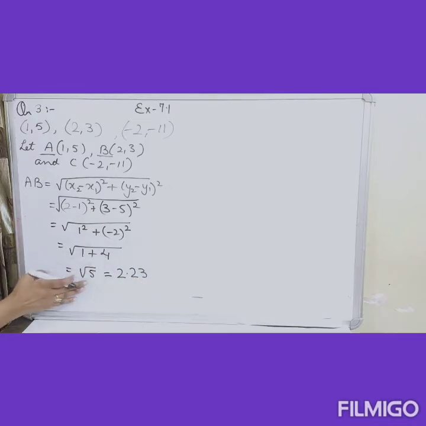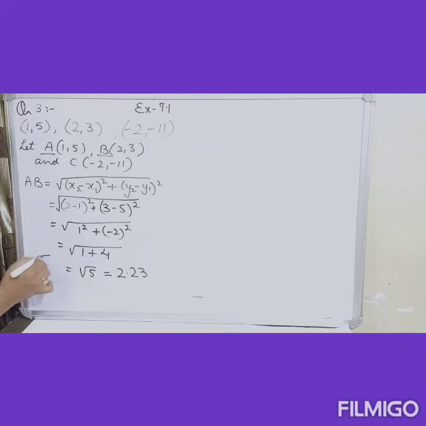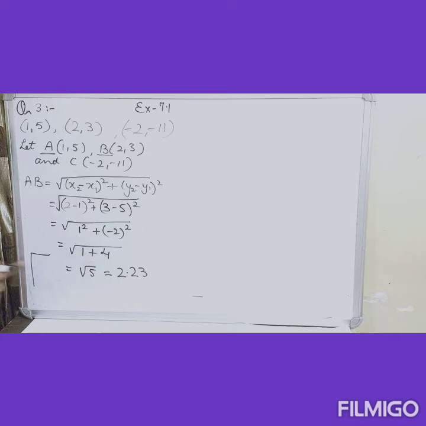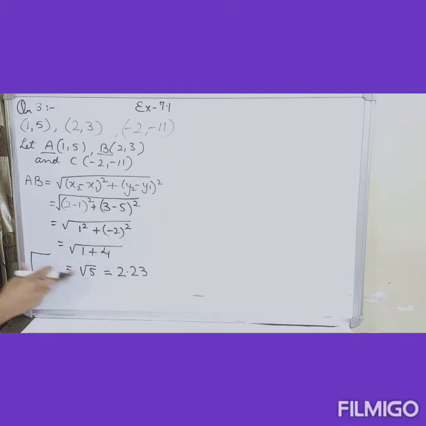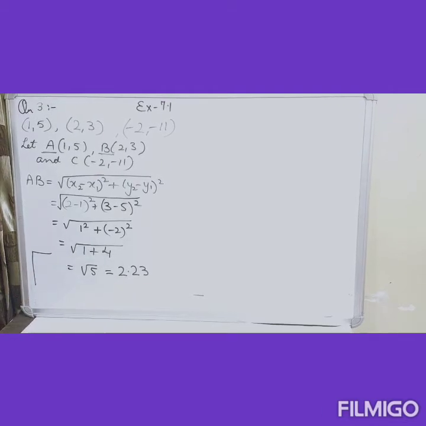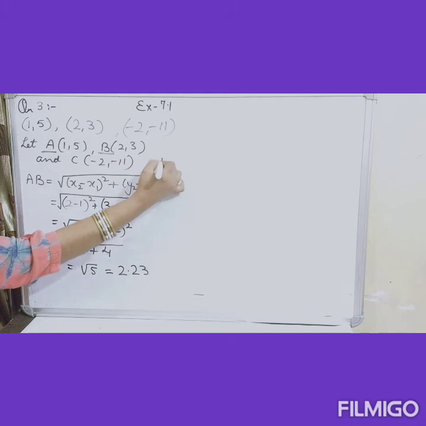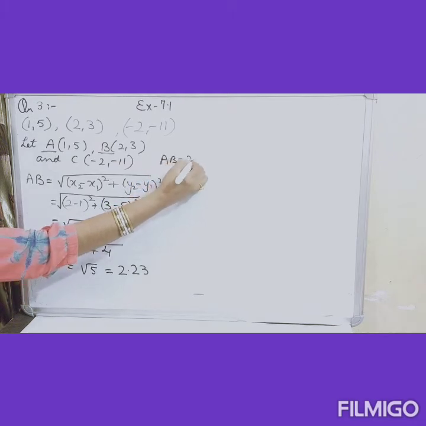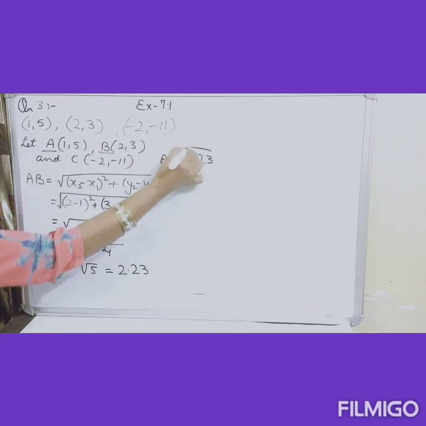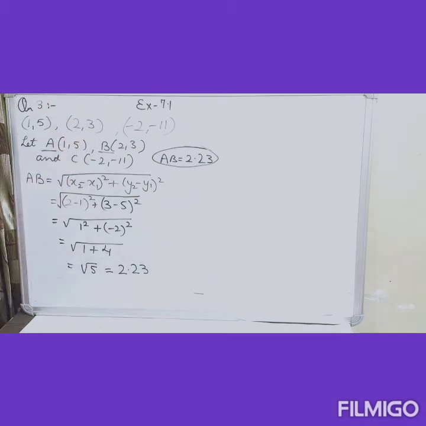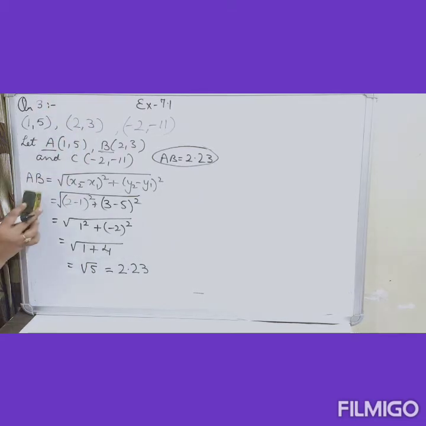If you don't know the value of root 5, you have to find it using the division method for finding the square root of any number. So after getting the value of root 5, you can write 2.23. So AB is 2.23. Now we have to find the next distance, that is BC.